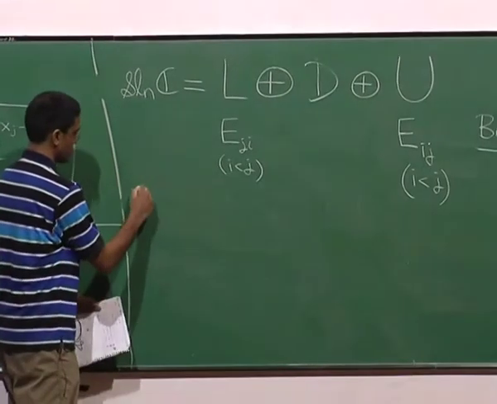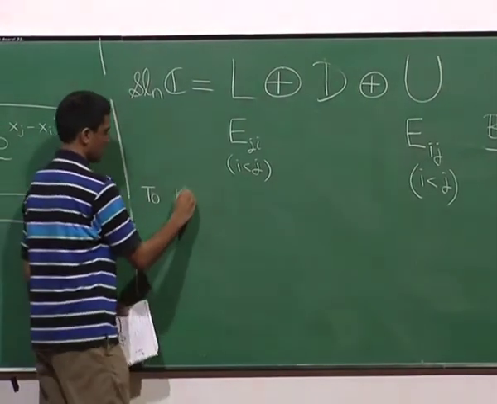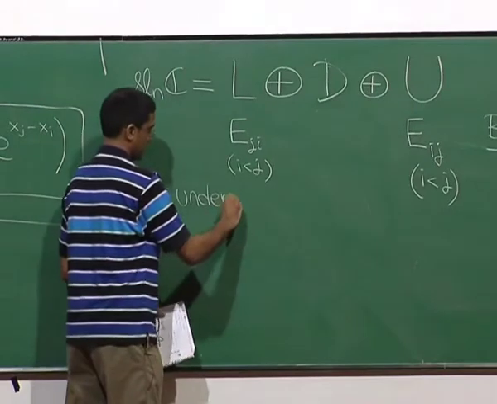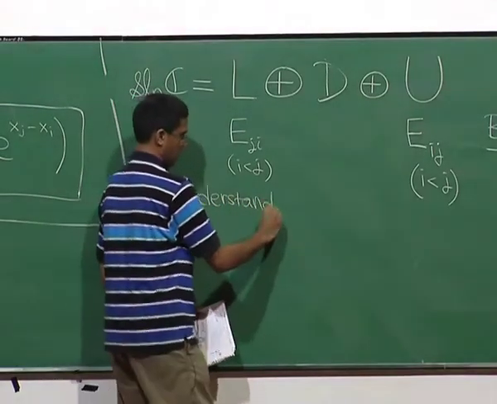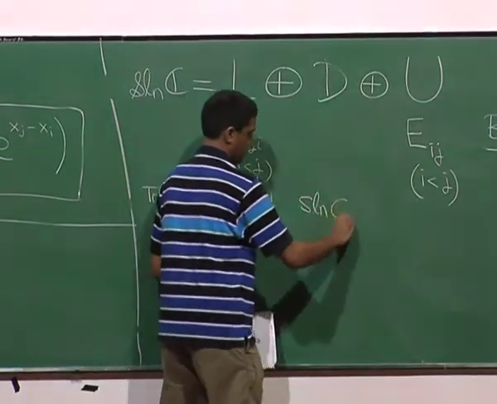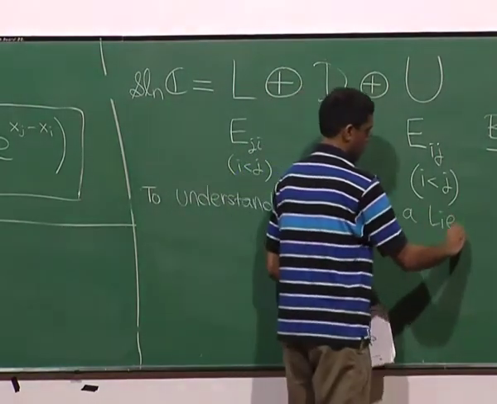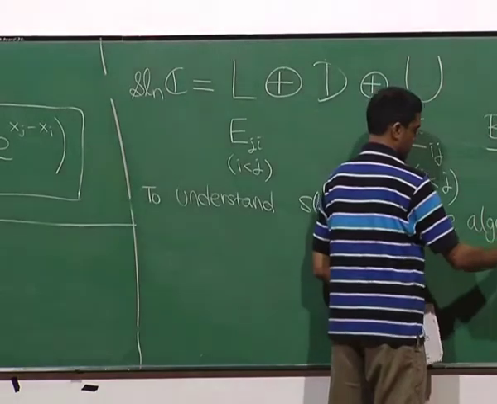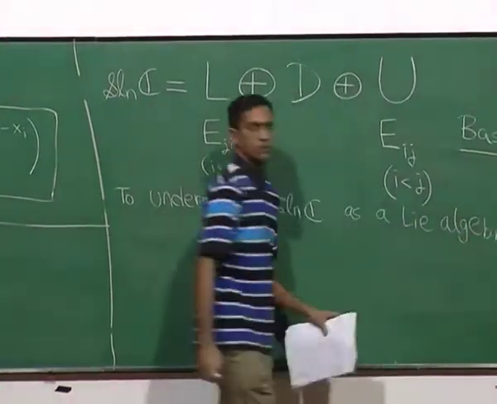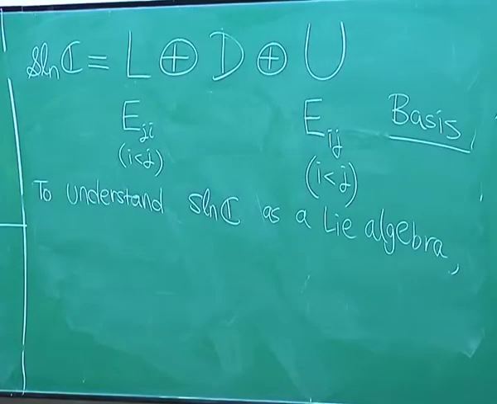And so here's the next thing one does in order to understand SLNC as a Lie algebra. Meaning to say you want to understand the bracket operation. Then one way of going about it is to try and understand brackets between a nicely chosen basis for SLNC.